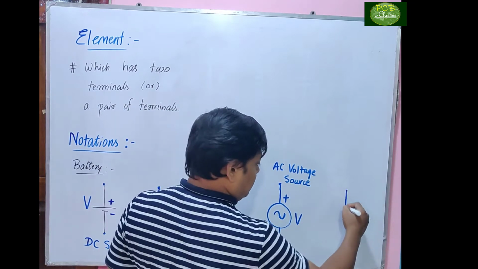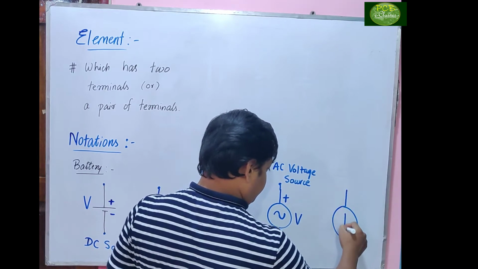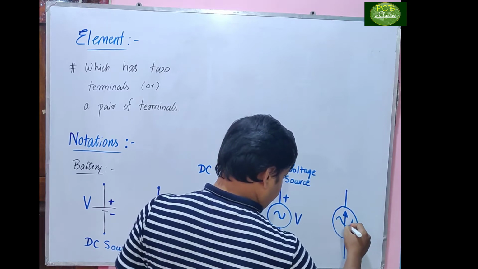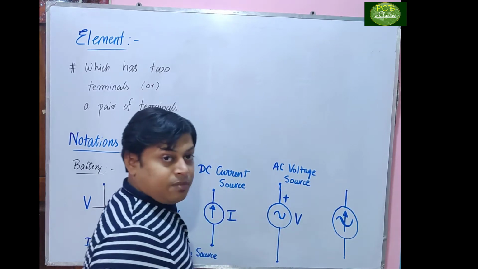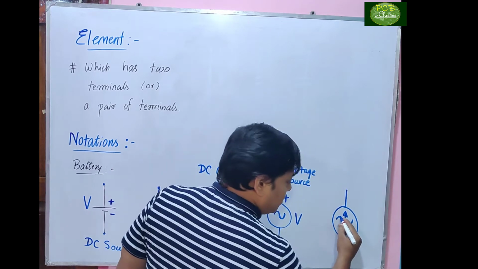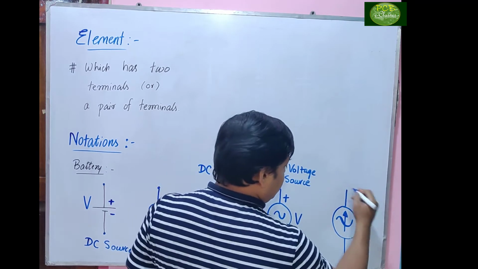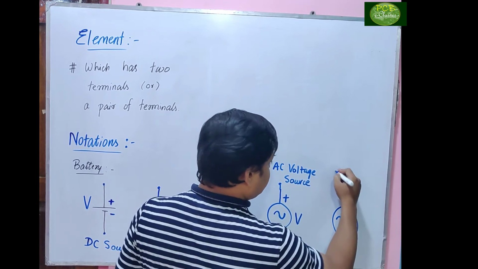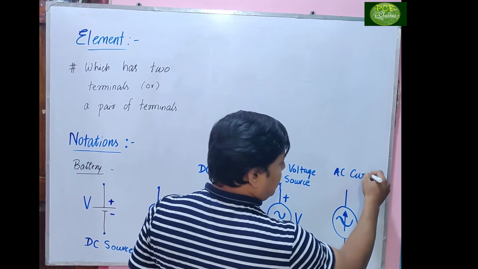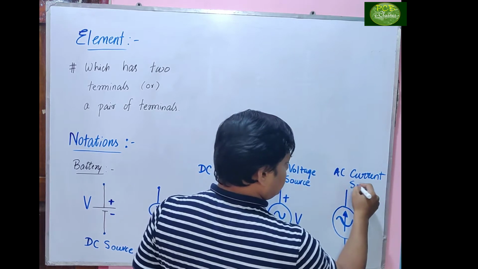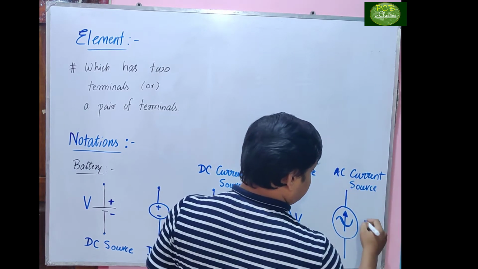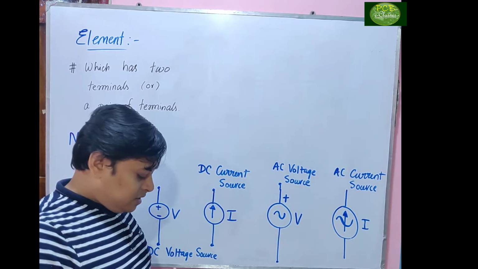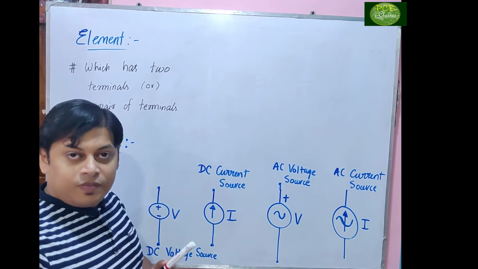Similarly, if this type of thing is there, that means what is this one? Alternating in nature. That is why this is AC source. But what type of source? As the direction is given, so it is AC current source. AC current source. Clear? These are the notations what we will be following.